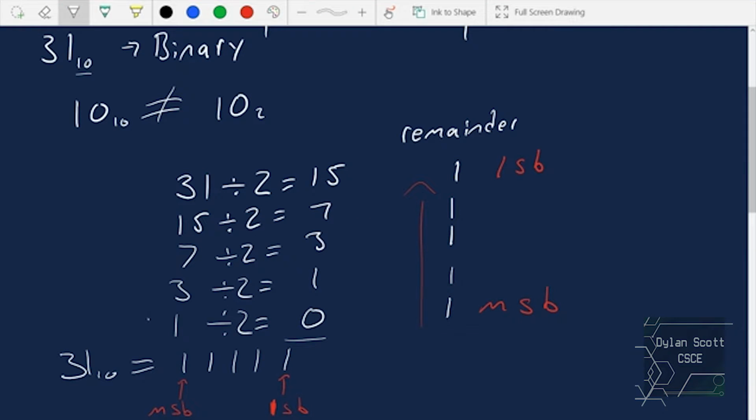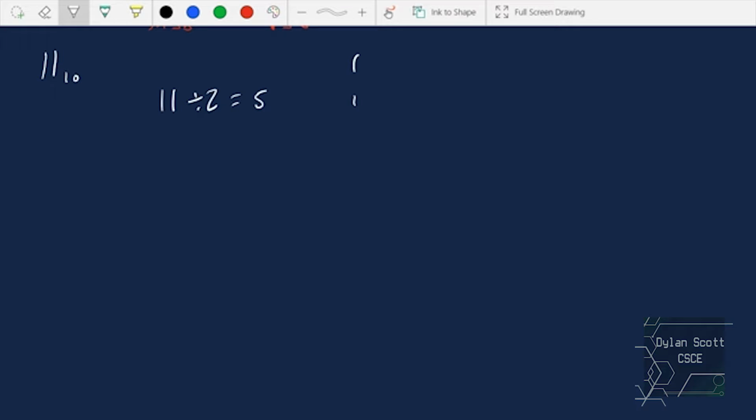So that was pretty quick. I'm going to do a couple more examples. How about something real simple, such as 11 in base 10. We want to convert that to binary. We do 11 divided by 2 equals 5 with a remainder of 1. 5 divided by 2 is 2 with a remainder of 1. 2 divided by 2 equals 1 with a remainder of 0.